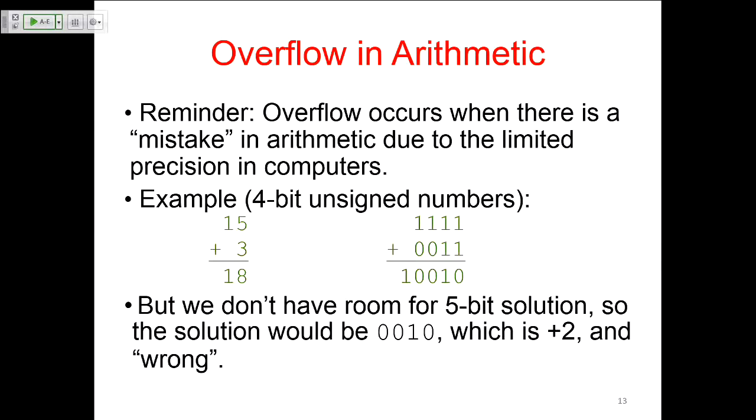We're going to get a negative number. Take a look at this example here. If I'm using only 4 bits to represent the numbers, then when I do all ones plus 0011, I'm going to actually get this 5th bit. And so instead of getting 15 plus 3, which are these two unsigned numbers, instead of getting an 18, I'm actually going to get 2. Because I'm not even going to see this bit. I only see the lower 4 bits, which is obviously wrong.